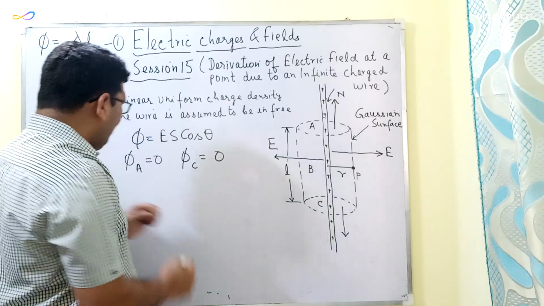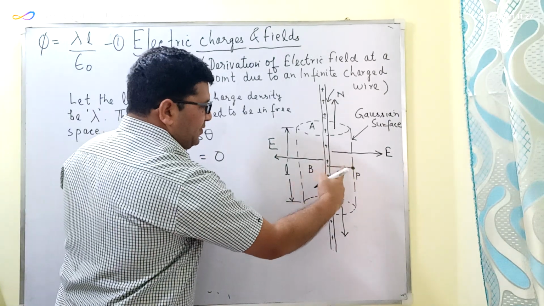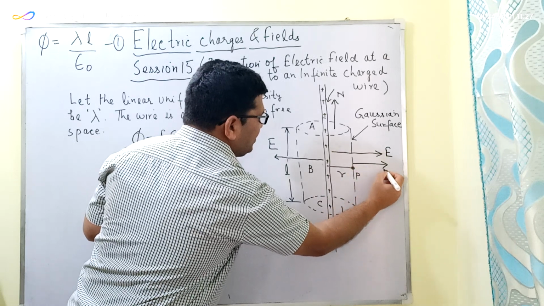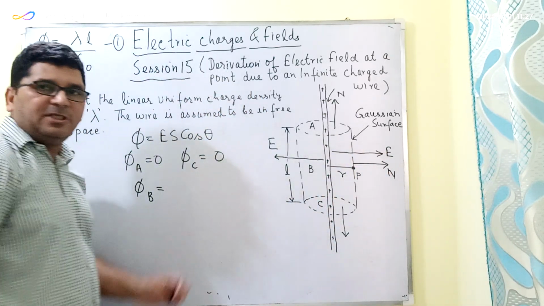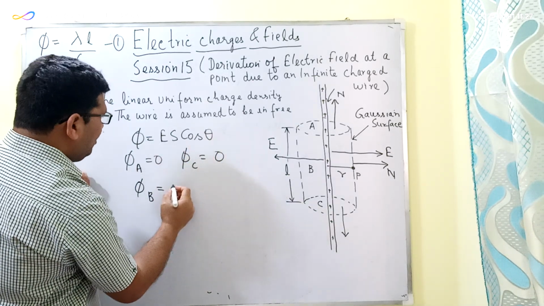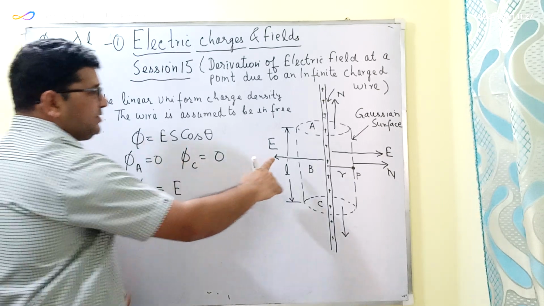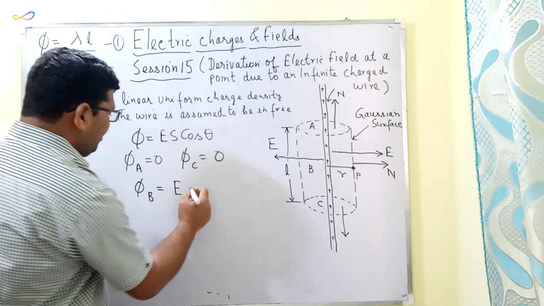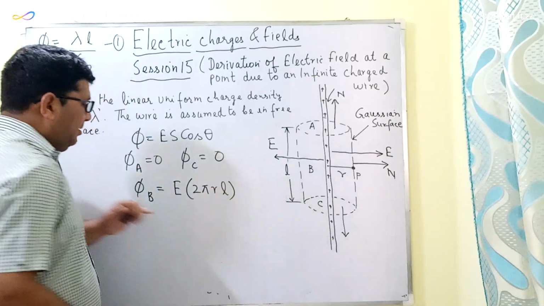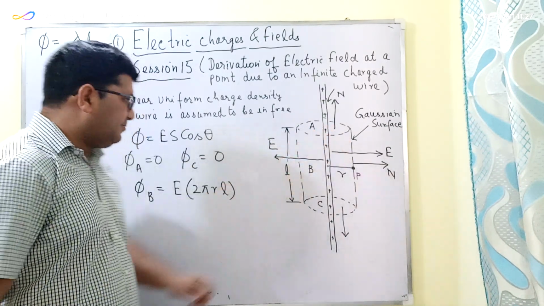Now we have to simply find the flux through this curved surface B. Here this is a curved surface, so the normal to this curved surface will be like this, and this will be along the direction of the electric field. So here the value of theta will be 0. So the flux through this curved surface will be equal to E S, where S is the surface area of this curved surface, which will be equal to 2 pi r L, where r is the radius of this Gaussian cylinder.